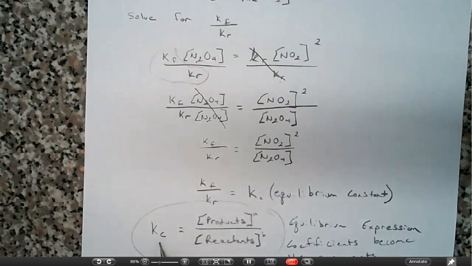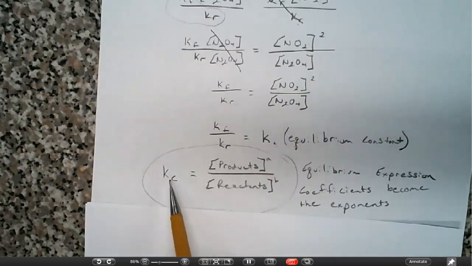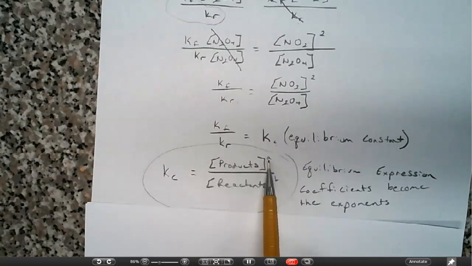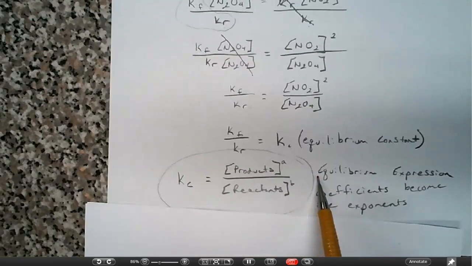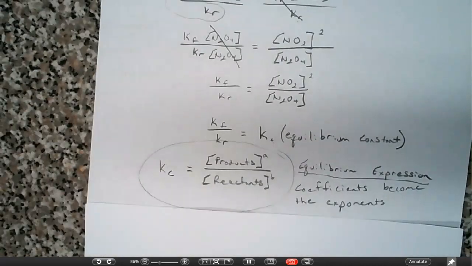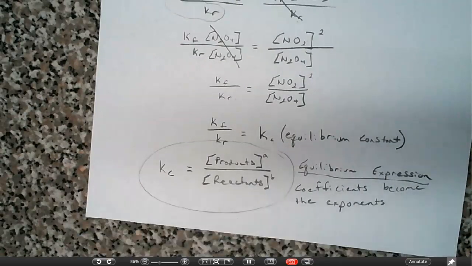Kc, which is our new equilibrium constant, is going to be equal to our products raised to the power of the coefficients over the reactants, again raised to the power of the coefficients. This is our equilibrium expression. That's what we refer to as our expression. So the coefficients become the exponents in our expression.